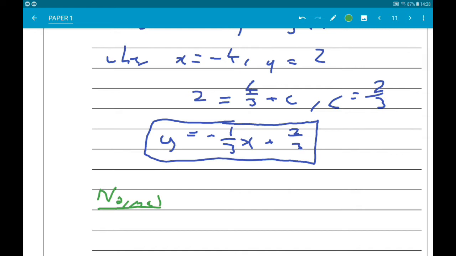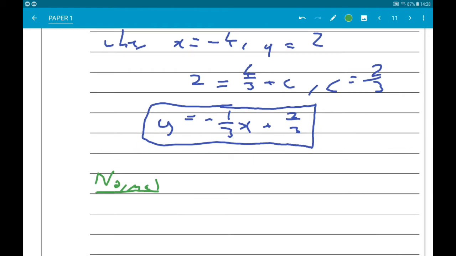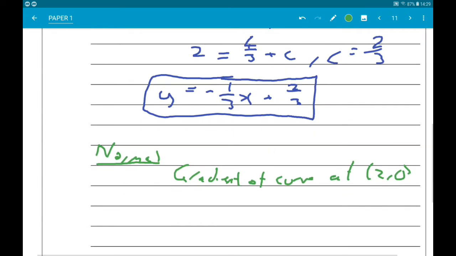So the gradient of the curve at 2, 0 is 24 over 8, which is 3. So the gradient of the normal is minus 1/3.